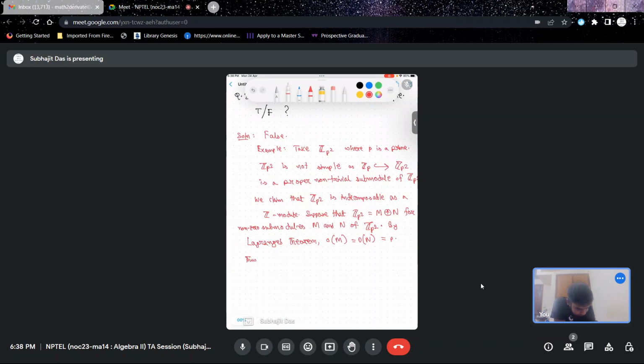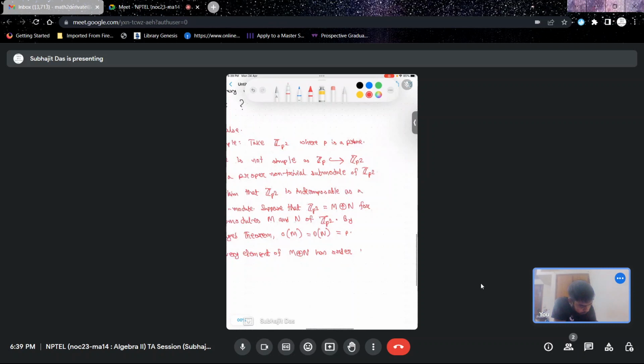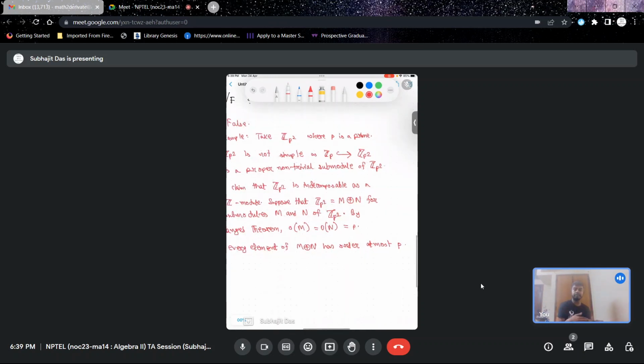Thus every element of M direct sum N has order at most p. Why? Because every element of M has order at most p, every element of N has order at most p. So every element of M direct sum N will have order at most p, right? And since it's a Z module, the scalar multiplication and the addition are component wise, so every element has order at most p.